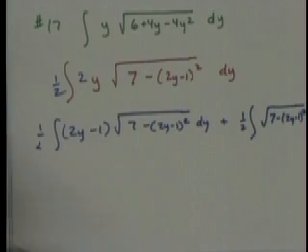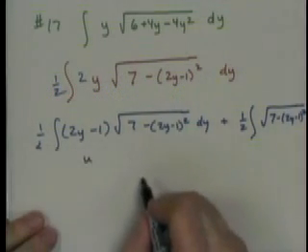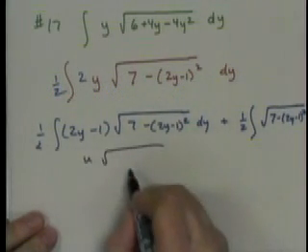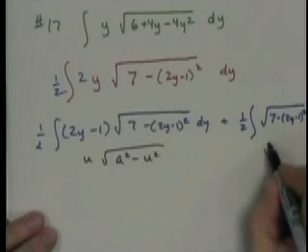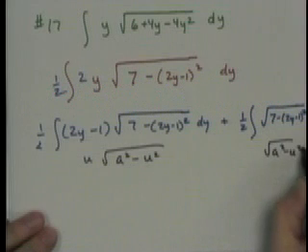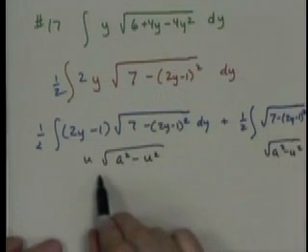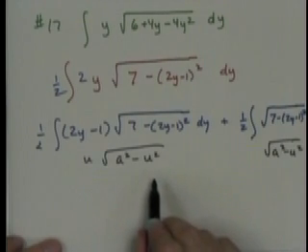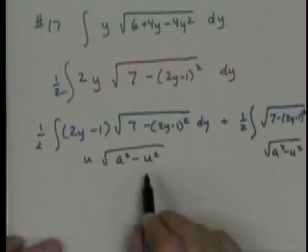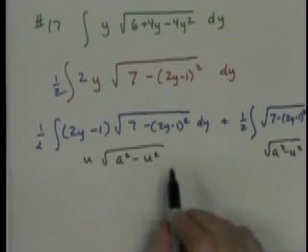Then I'm thinking this looks kind of like a u times the square root of a squared minus u squared, and this one looks like the square root of a squared minus u squared. But did we decide they didn't have this today? That was the issue. But I know how to do this one by substitution.